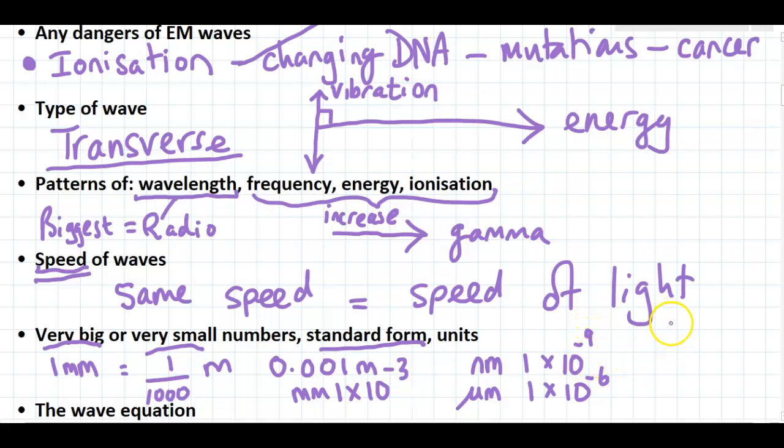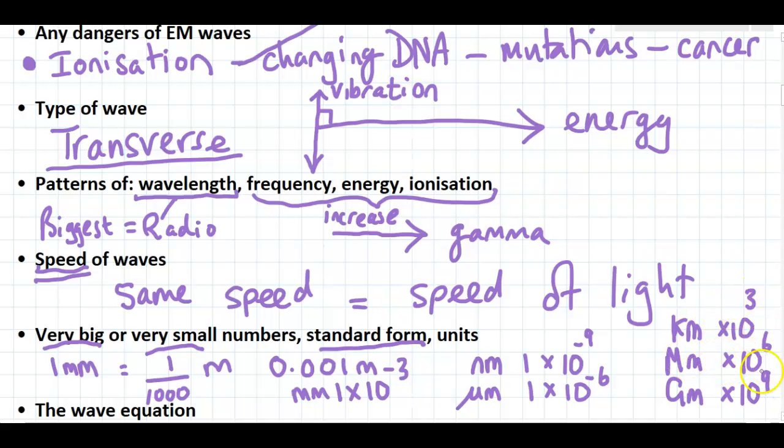In the same way that we can have very big numbers. So you're familiar with kilometers. 1 kilometer is 1,000 meters. Yeah, but you might not know that you could have a megameter or a gigameter, and these correspond with these numbers here. So a mega is a million times, and a giga is a billion times.